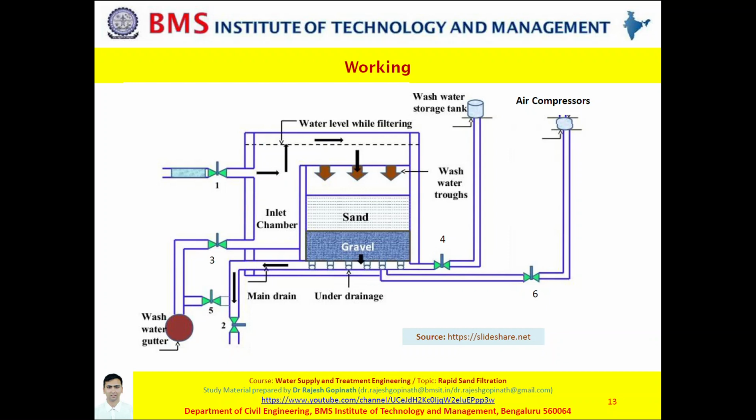From there it falls into inlet chamber and goes out via 3. Now that valve 4 and 3 are closed, open 1 and 5. Raw water enters into inlet chamber, then into the filter chamber, comes out from the under drains and escapes through 5 into the drain.